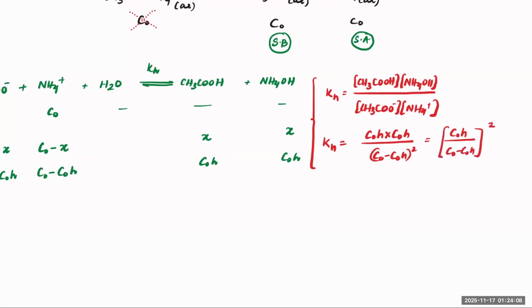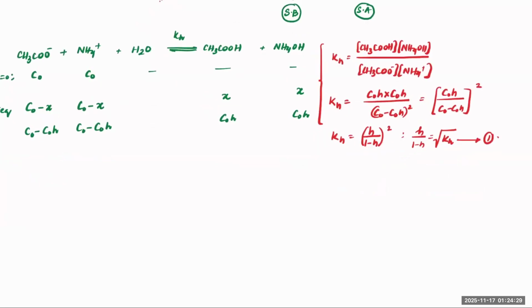You can clearly make out that C naught is getting cancelled, so you will be only ending up with h square by 1 minus h whole square. Or in short, h by 1 minus h will be equal to under root of KH. This is an important equation which will help in solving. So remember that h by 1 minus h is root KH.